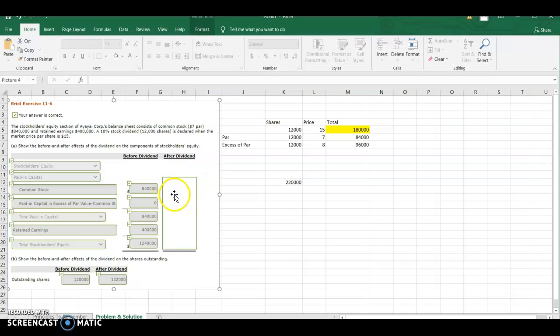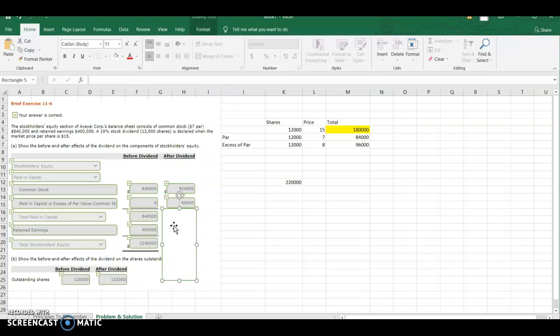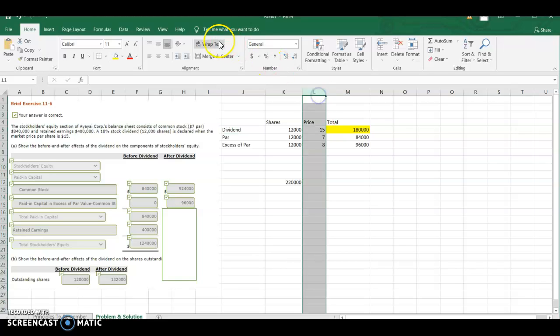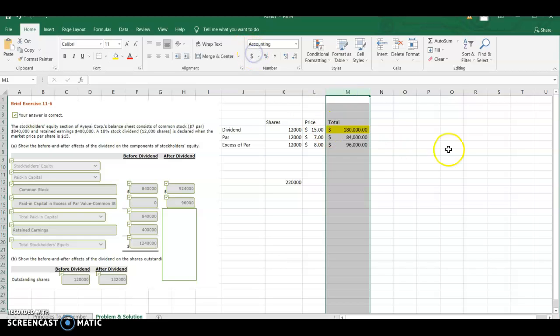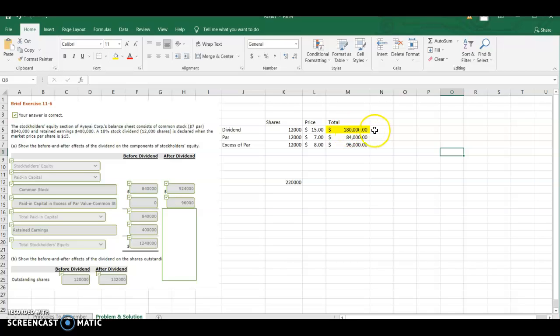So here we will start with our common stock and the paid-in capital in excess of par value. Here we have the dividend of 12,000 shares at a price of $15. $15 per share is $180,000 total.